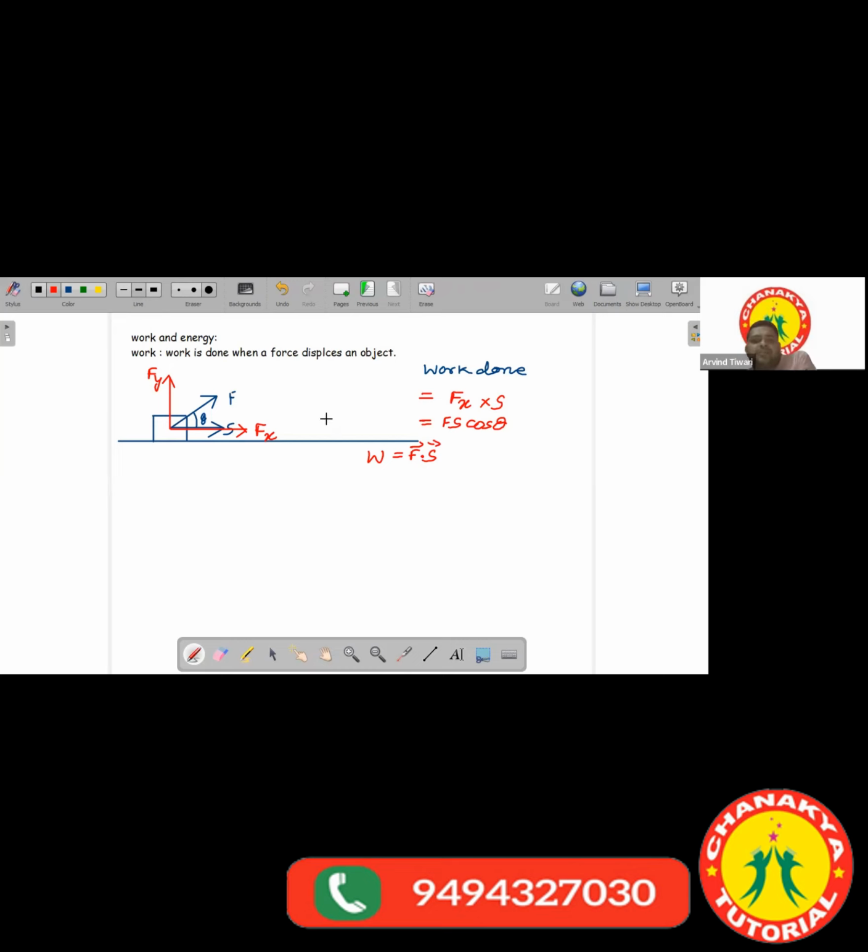Okay, see. So the work will be given by Fs cos theta. This is the formula you can remember, that work done by a force is given by Fs cos theta.